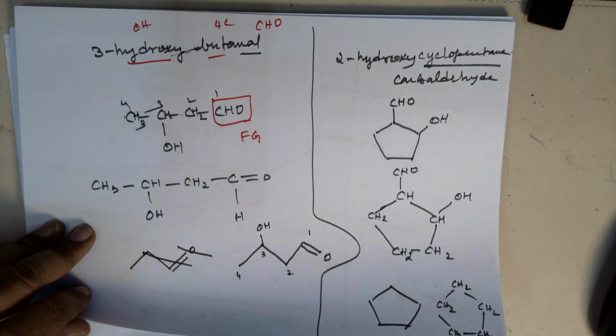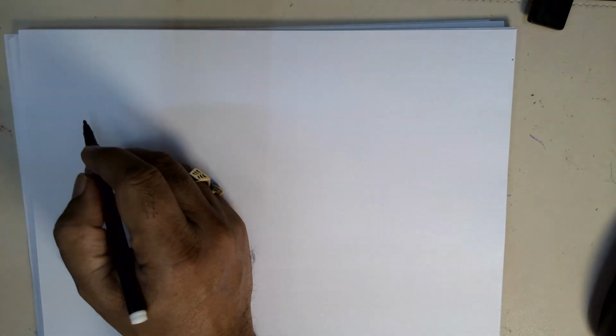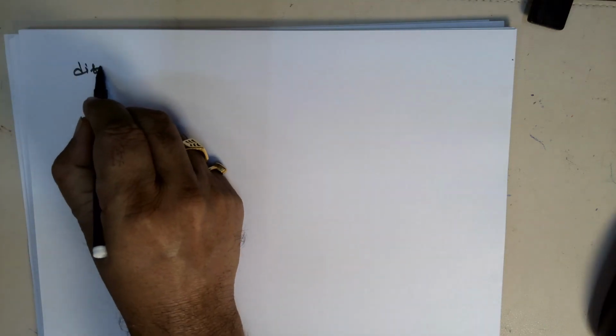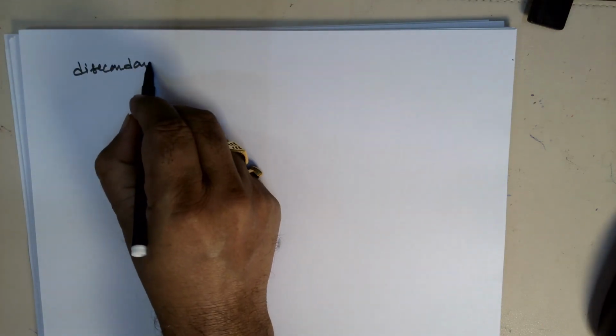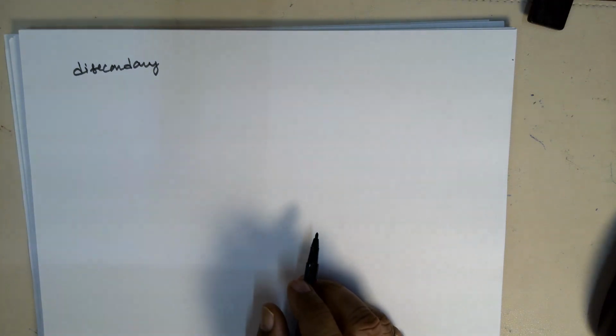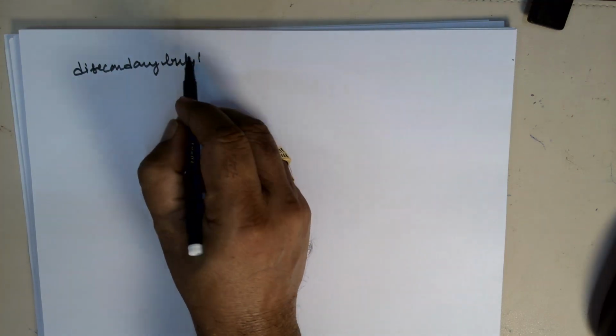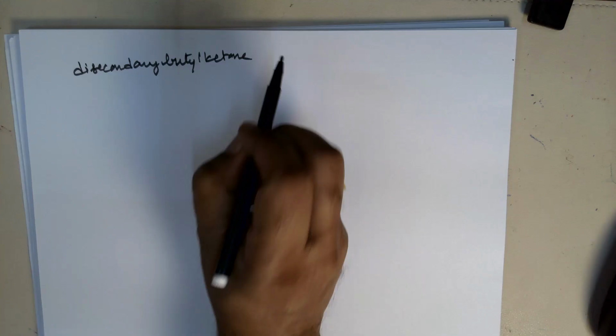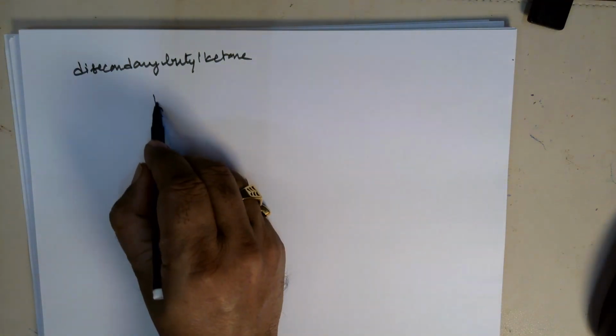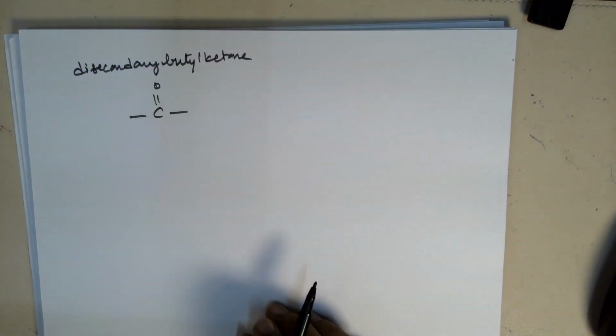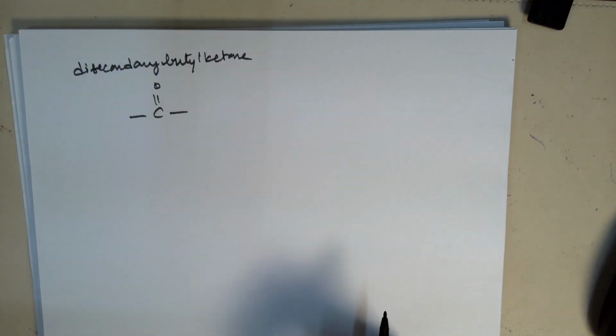Now, di-secondary butyl ketone. Ketone means C double bond O, and you have got an alkyl group on both sides, and that is indicated by what is that?